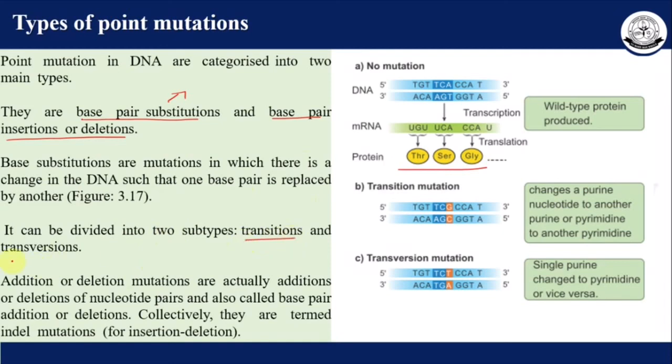We see a transition when a purine is replaced by a purine, for example A is replaced by G. And transversion is when a purine is replaced by a pyrimidine or a pyrimidine replaced by a purine, for example A replaced by T or G replaced by C. That is known as transversion mutation. Then we have insertion or deletion, which together we call indel mutation.